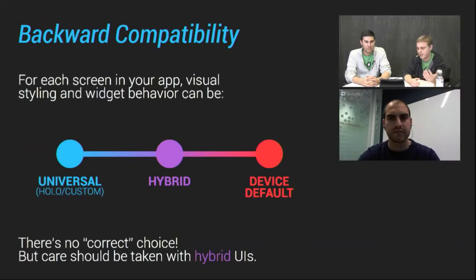On some devices back then it was blue or red or whatever. You can make the choice to use the device default, or you could choose something in the middle. It's harder to make everything Holo back to Gingerbread and Froyo, and very easy for developers to just use the device defaults, and then this hybrid is somewhere in the middle.